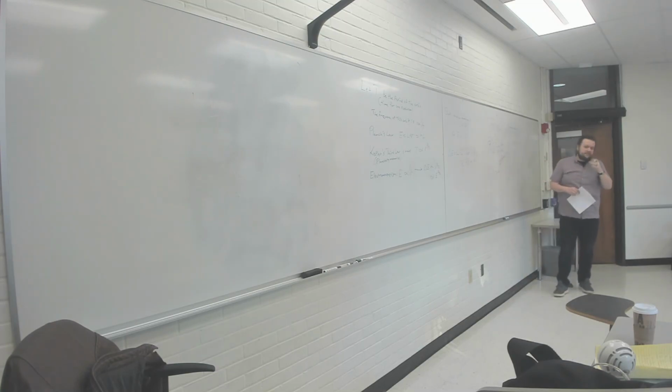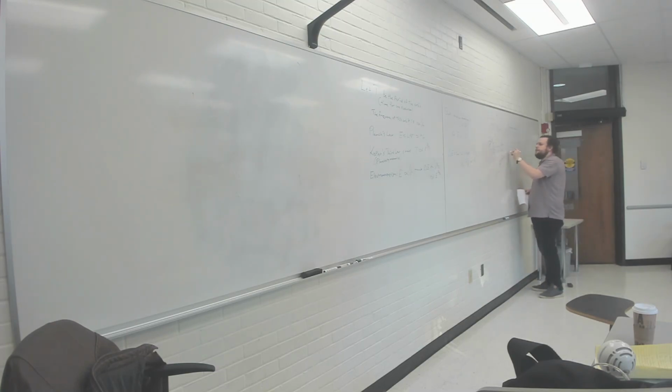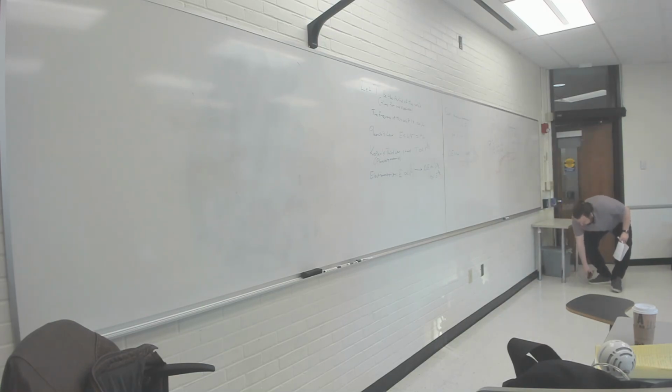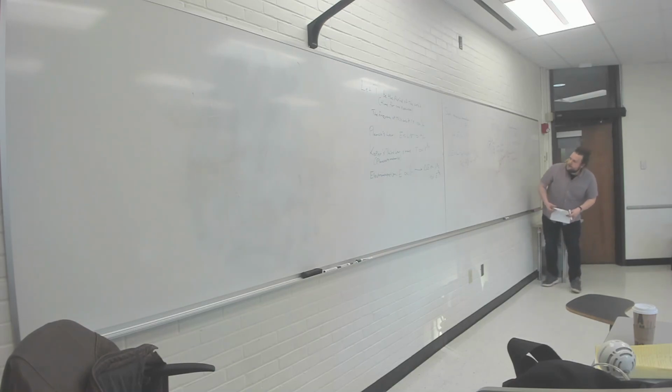Okay, and so the electron is stable when the electromagnetic force is equal to the centrifugal force. That's what causes a stable orbit. Those are the only two forces acting on it, and so if it's in a stable orbit, those have to be equal to each other.